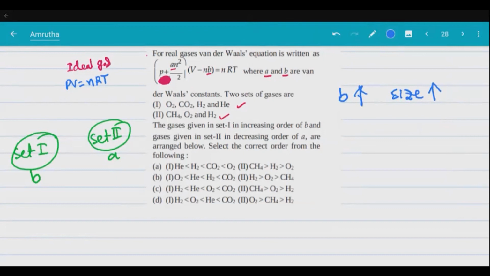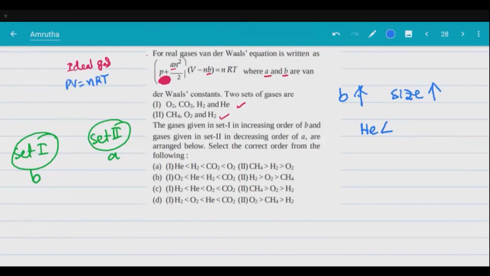Now let us compare b first: oxygen, carbon dioxide, hydrogen, helium. We know helium is the smallest. Yes or no? Because from the periodic table, left to right, size decreases. So where is helium? Top, right side of the periodic table, so that is the smallest. So where is the option?